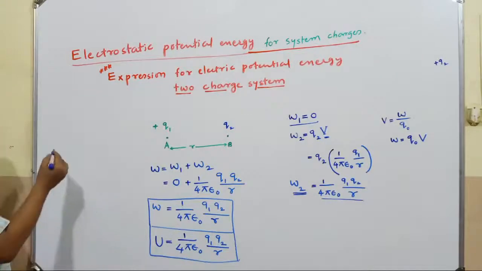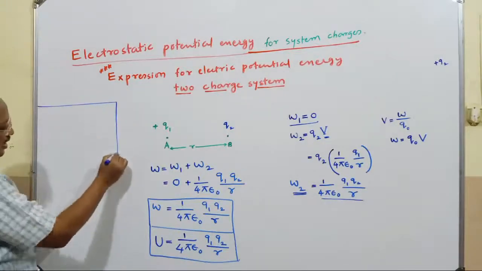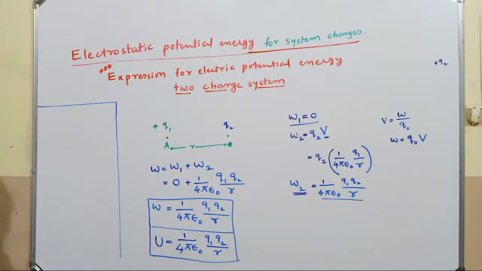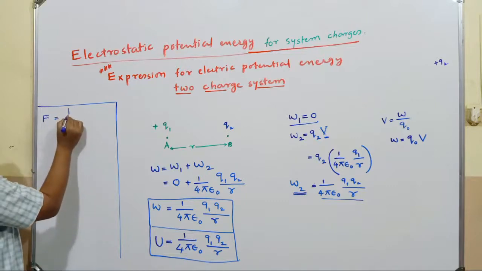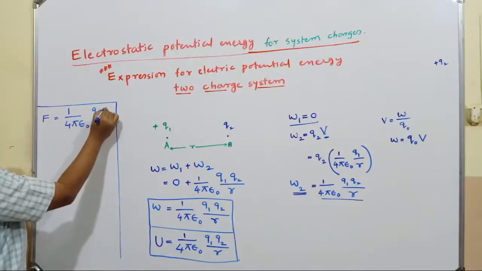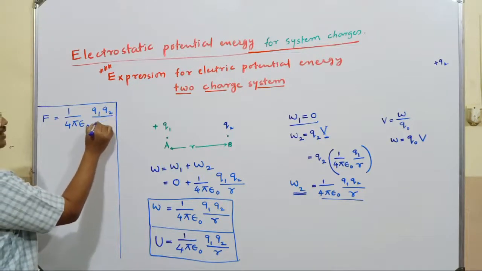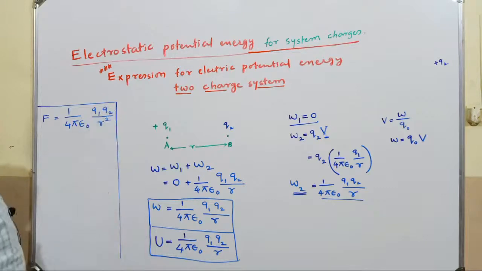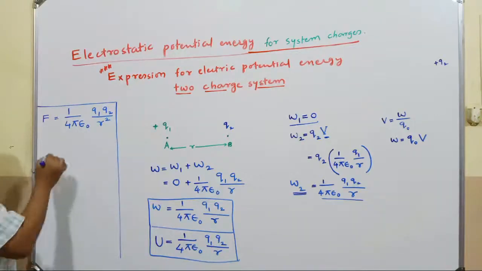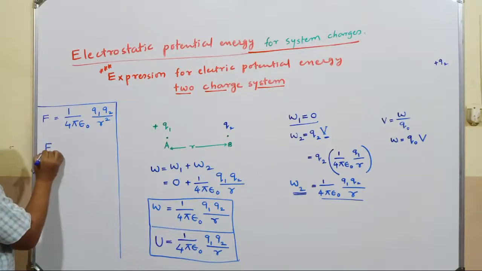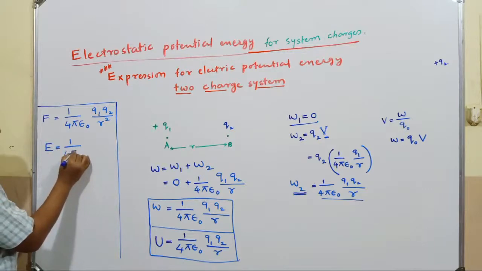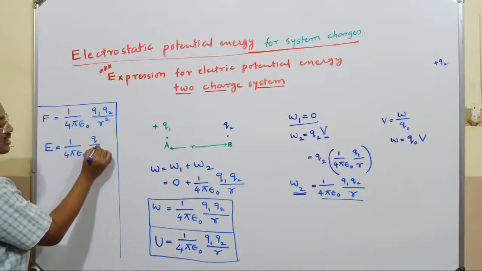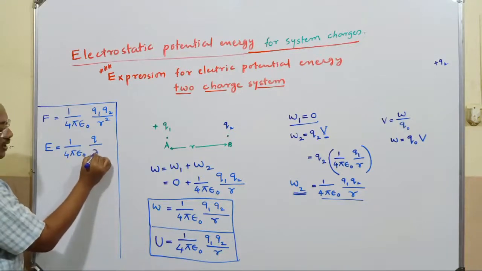Okay, so you can see what the formulae are that we have. For force, it is 1 by 4 pi epsilon naught Q1 into Q2 by R square, when two charges are there. For electric field, 1 by 4 pi epsilon naught, a single charge Q is sufficient, by R square.